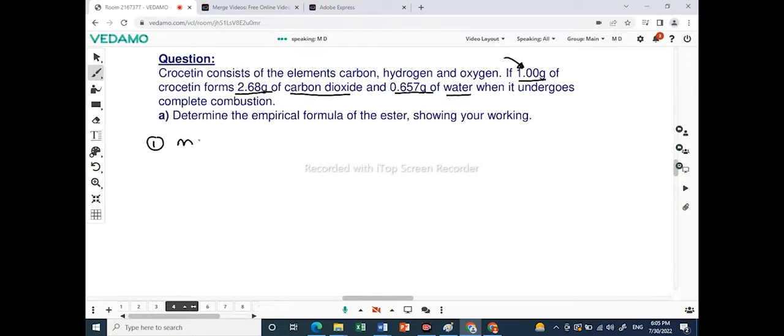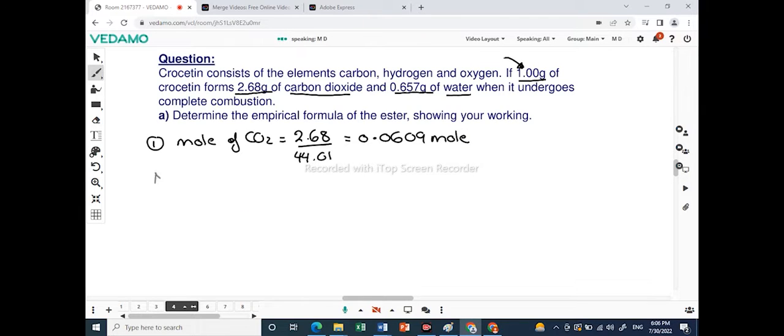So we're going to start with the mole of CO2. We will take the mass and divide it over the molar mass, which is 44.01. With more practice on carbon dioxide and water molar mass, you will memorize that it is 44.01. Using the calculator now, your final answer is 0.0609 mole number.